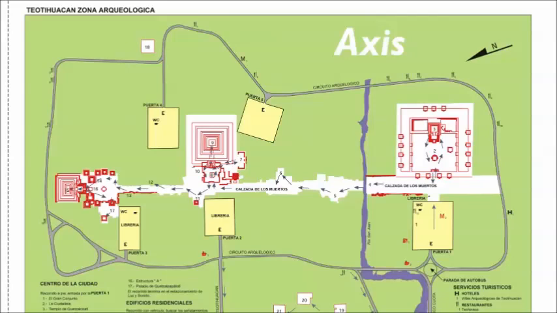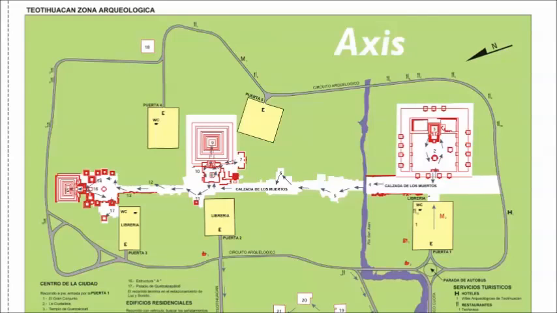But when we're talking about an axis, it could be a line around which other objects are placed. It could be a line that goes through other objects. It could be a blank space or a void space inside of a building or a complex of buildings. In this example, we're going to look at the axis as an ordering form around which other objects are placed.